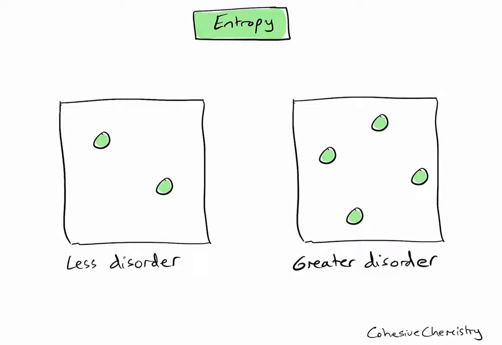And with greater disorder, we see greater entropy. So if I'm comparing 2 substances in the gaseous state, the container with more molecules has a greater level of entropy. Let's now look at a third and final example.